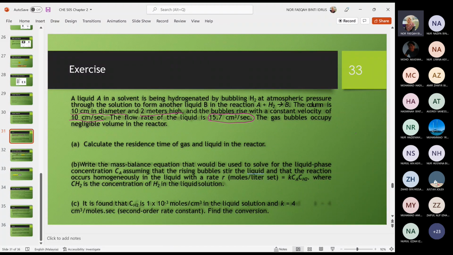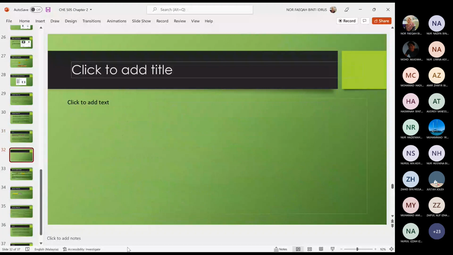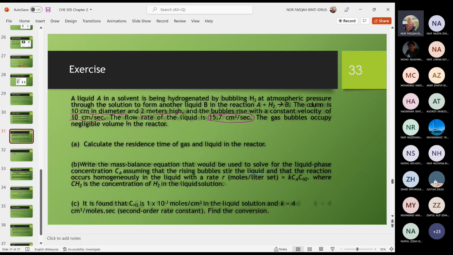Okay, let me add this, let's see. To calculate residence time for the liquid phase, because we have the diameter, you can calculate residence time as length or height divided by velocity, since it gives the constant velocity. The bubble rises with a constant velocity.